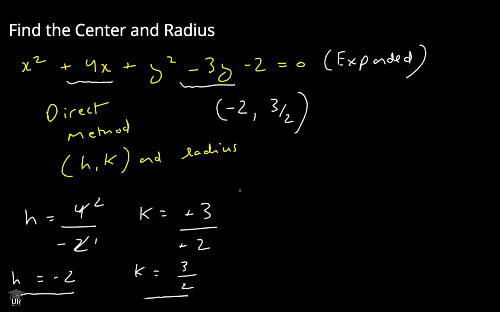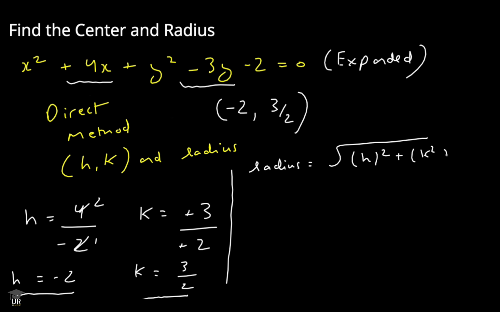Okay, now we need to find the radius. Again we can directly use a formula for the radius. The direct formula for the radius is under root h square plus k square minus c.